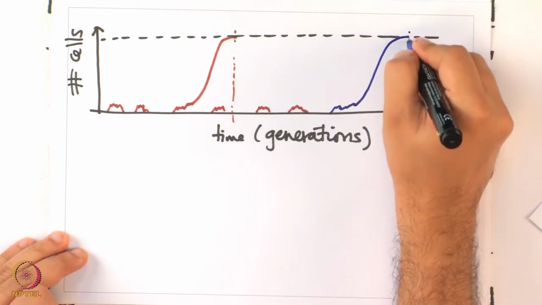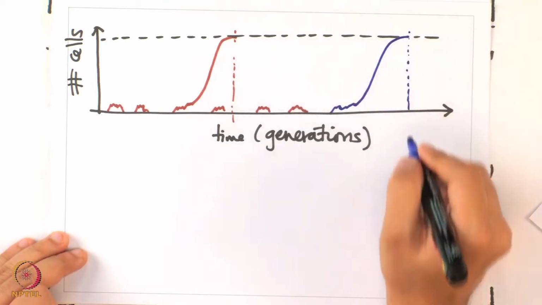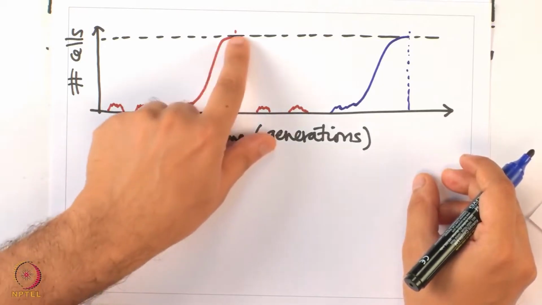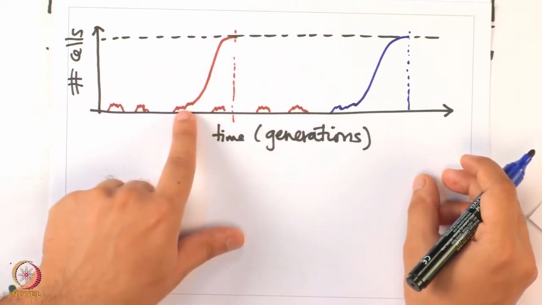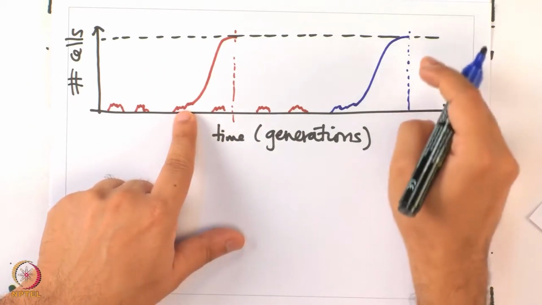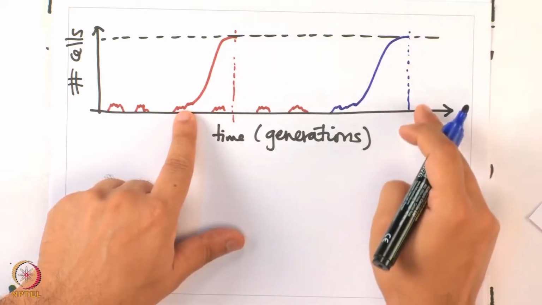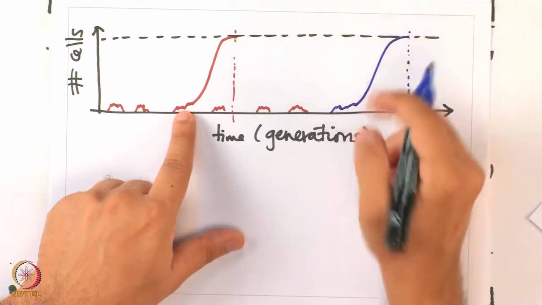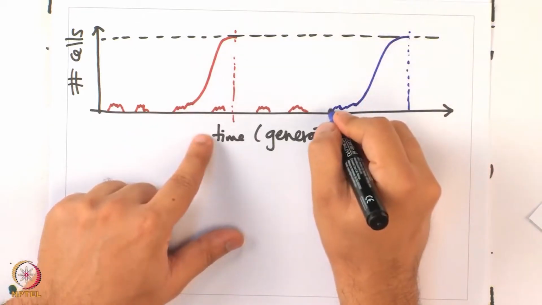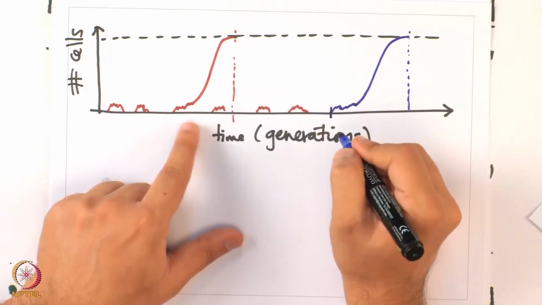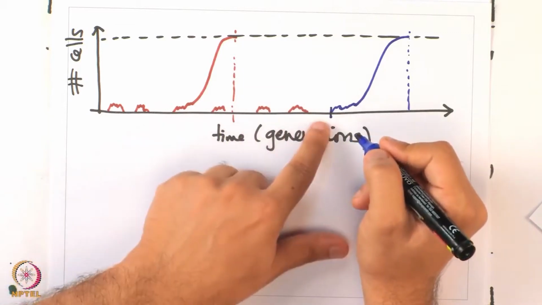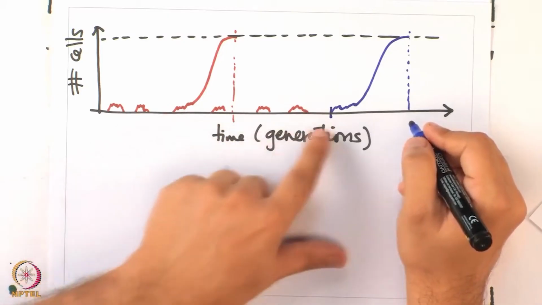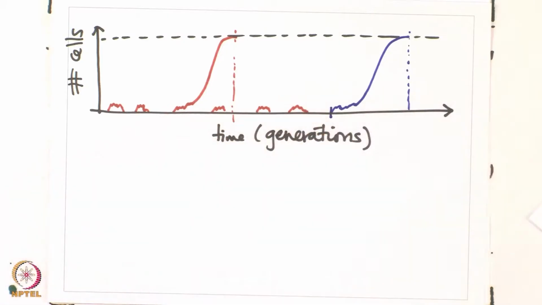And now, at this point, every individual in the population is carrying this particular mutation, because all individuals at this point are carrying this mutation, and the individuals here are also carrying this mutation which got established and fixed. Because the mutation that happened at this point is carrying this red mutation already, every individual at this point is carrying the red mutation as well as the blue mutation.